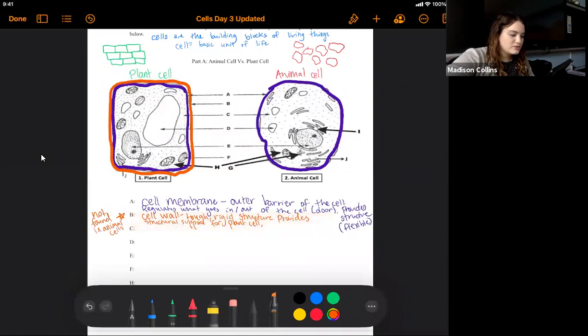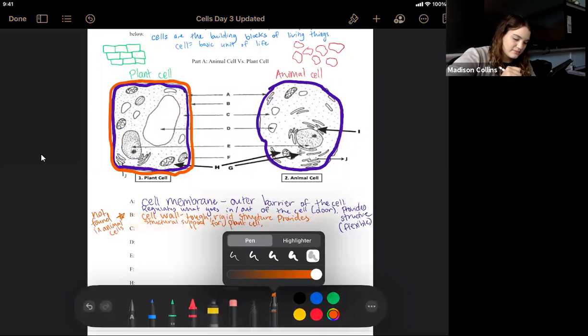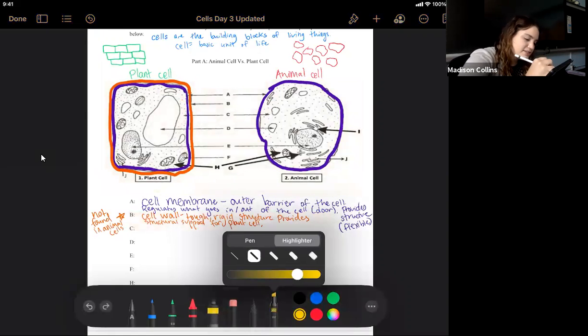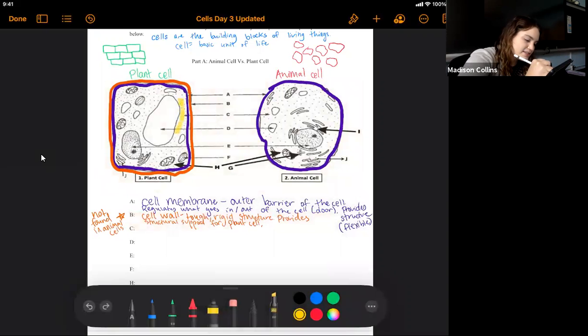All right, moving on to letter C. So C is pointing at, let's see if I can do this neatly. There we go, highlighter. C is pointing at this inside of the cell, okay? So I'm going to do a loose highlight because we have some other organelles we need to identify.